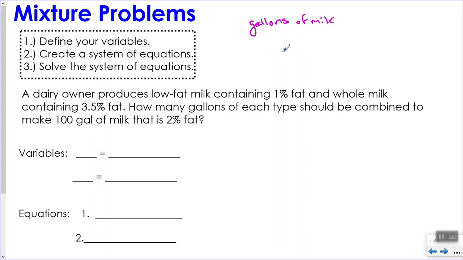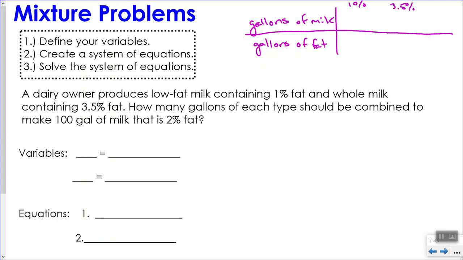So this is going to get kind of gross, but here we're going to talk about gallons of milk and then how much of that milk is actually fat. So I'm going to make a gallons of fat entry here, which is really kind of gross when you think about it, but that's what we're going with. So then we have our 1%, we have our 3.5%, and we have our total.